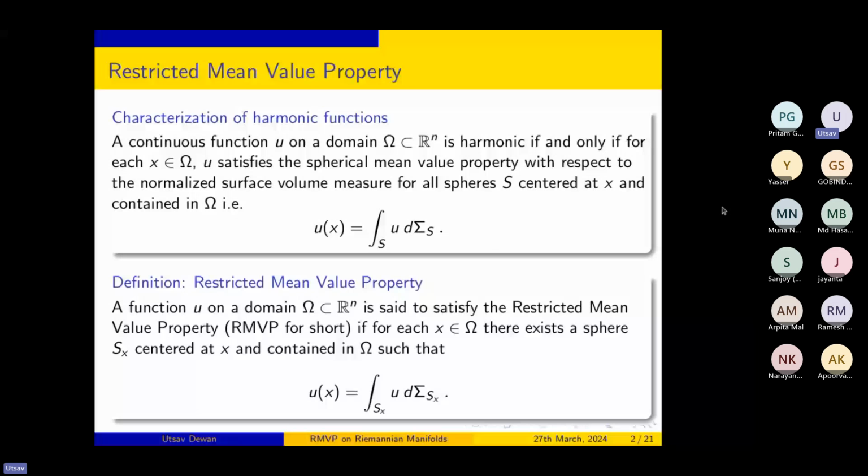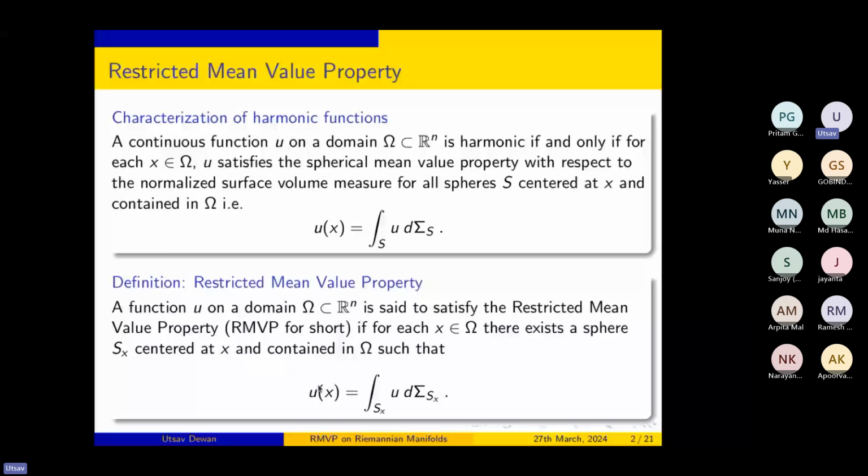This motivates one to look at the following weaker version of mean value property, which we call restricted mean value property. A function u on a domain omega in Rn is said to satisfy the restricted mean value property, which we'll refer to as RMVP, if for each x in omega there exists a sphere Sx centered at x contained in omega such that one has the spherical mean value property.